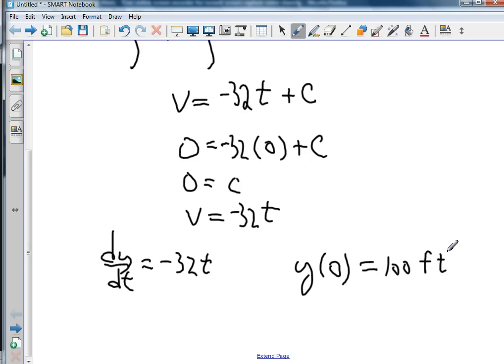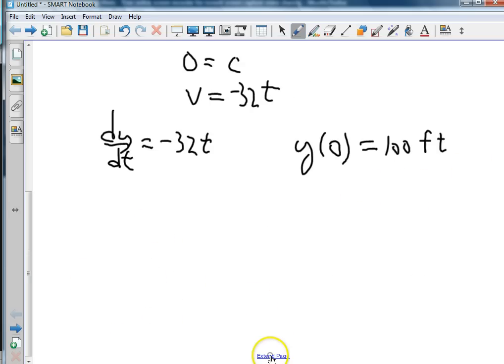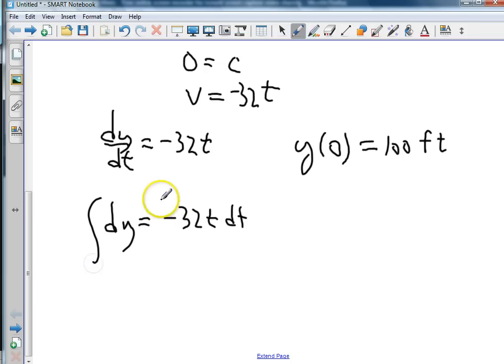Okay, there you go. So now can you get the displacement curve, y of t? How do you variable separate this? Can you get the y's away from the t's? There's only two variables here. There you go. dy is negative 32t dt. Now anti-differentiate both sides.